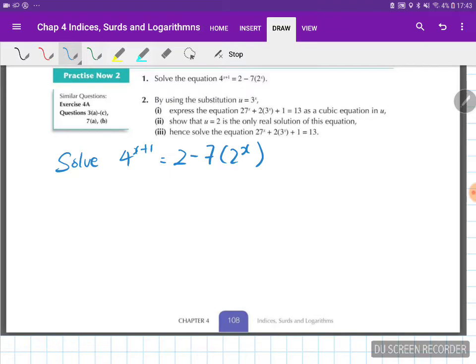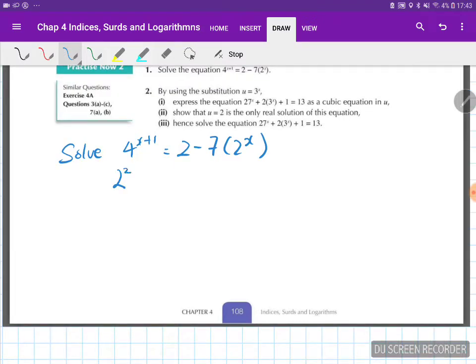Right, so the clue here is the 2 to the power of x. On the left hand side, the 4 to the power of x plus 1, I can actually change it into 2 squared, right? 4 is 2 squared.